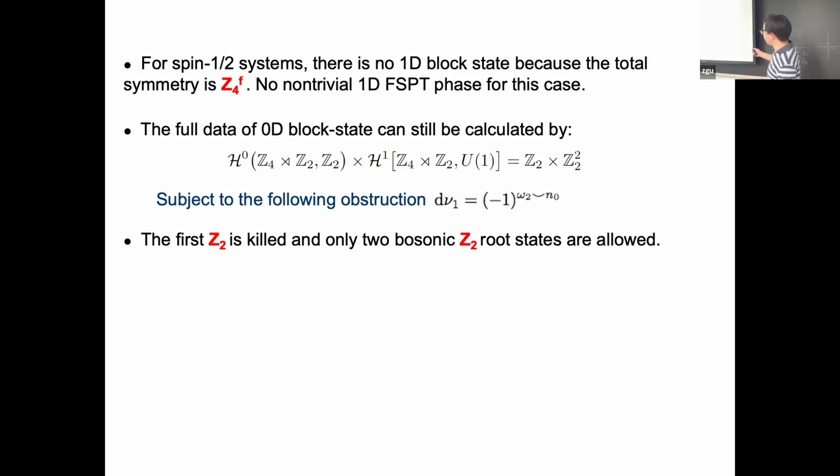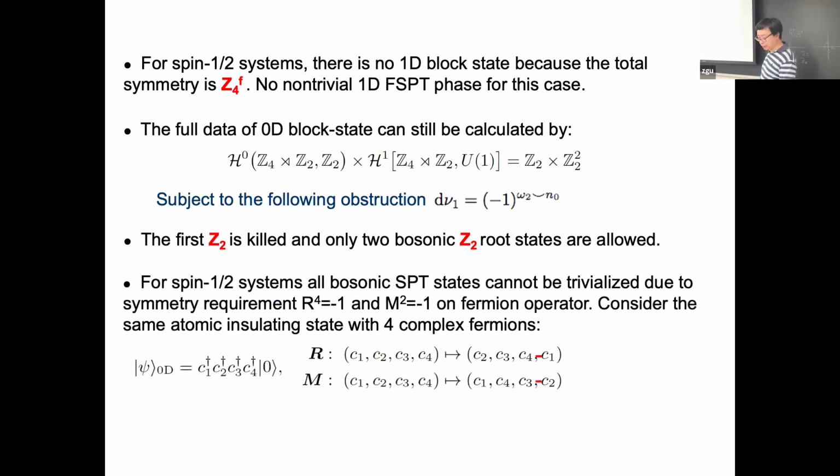This Z2 squared is again easy to understand. It's just the rotation and mirror eigenvalues. But in this case, something different happens, because it's a spin 1/2 fermion. That means after 4 times of rotation, R to the fourth should be -1, and the mirror reflection M squared should also be -1.